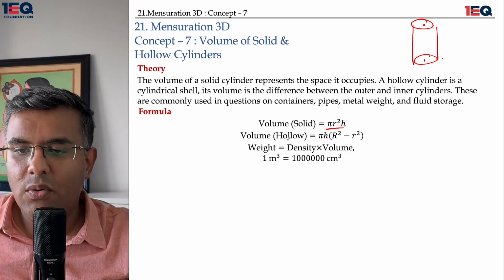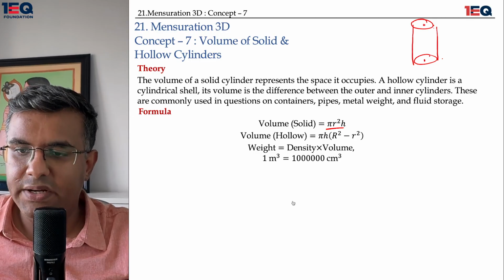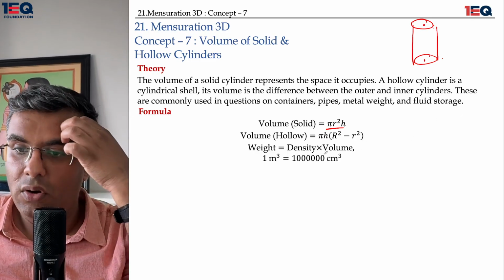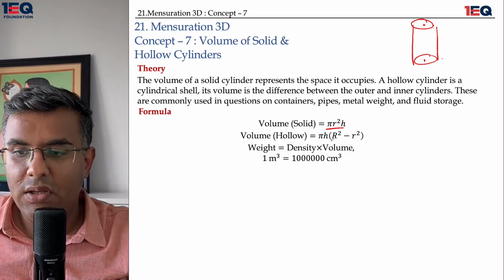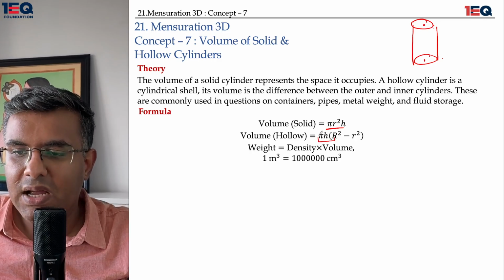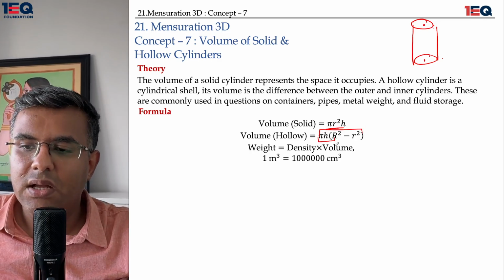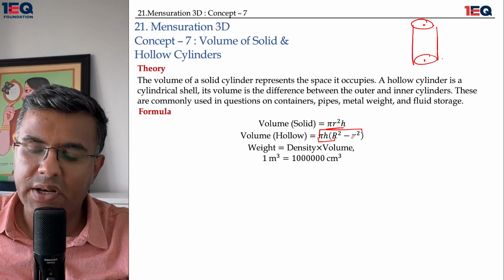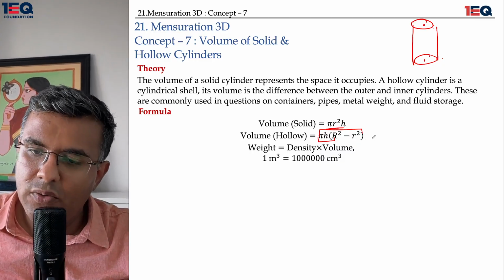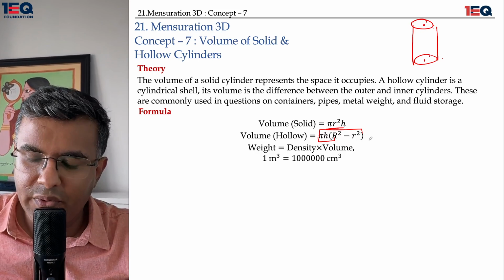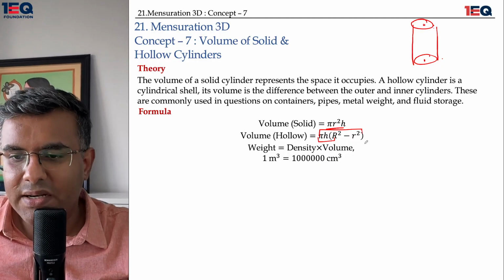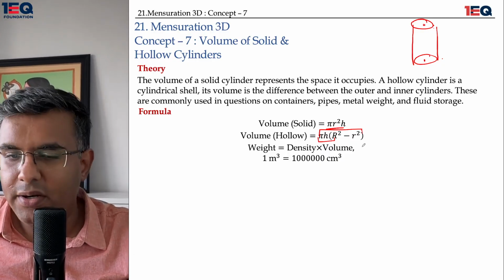When we are talking about the volume of a hollow cylinder, we have to take into consideration the outer radius and the inner radius. The outer radius would create a bigger volume, the inner radius would create a smaller volume. The bigger volume minus the smaller volume would give me the volume of the material with which the cylinder has been created.